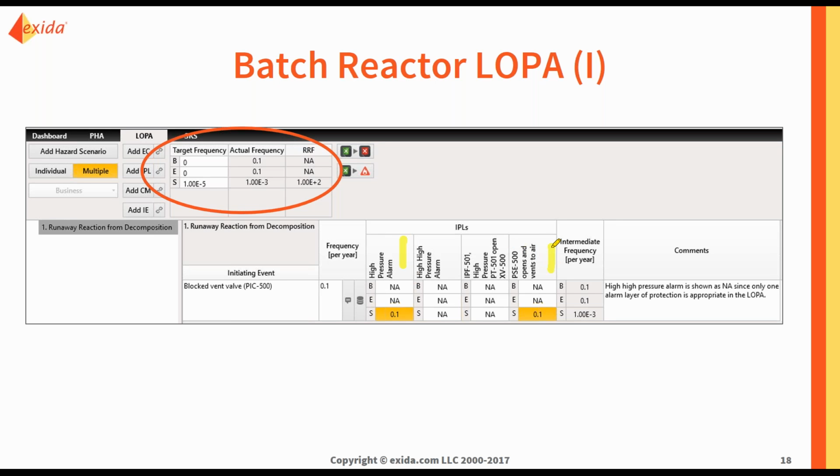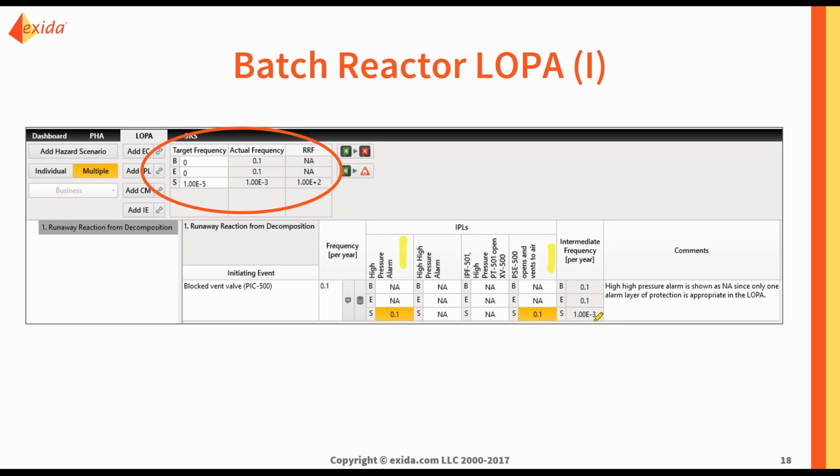We haven't assigned a failure rate to the high pressure alarm because it's only appropriate to consider one of the alarms. If the operator fails in one case, then we can't expect him to respond for the high alarm. And for our independent protective function, we simply don't know what equipment will be selected, so we don't have the failure rate in this case.